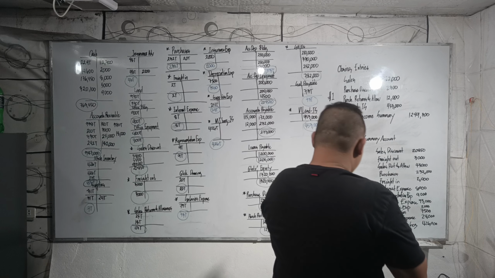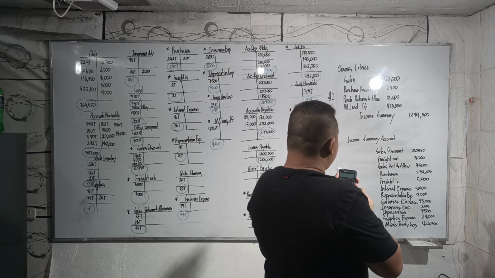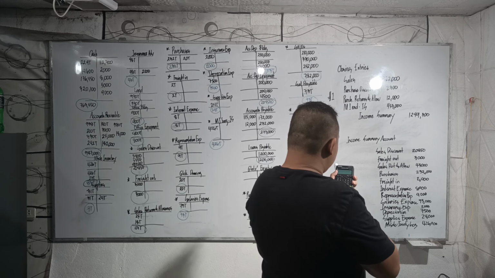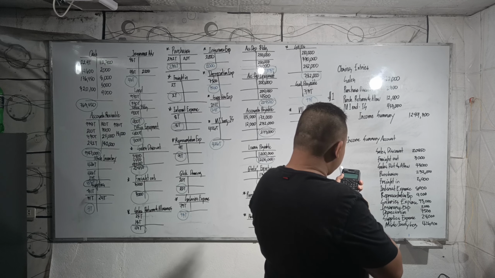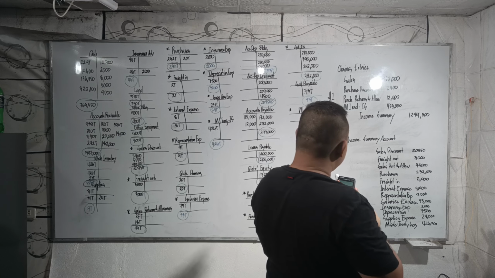So 20,850 plus 3,000 plus 43,000 plus 232,000 plus 2,000 plus 8,000 plus 9,000 plus 73,000 plus 2,000 plus 75 plus 24,000 plus 426,000.